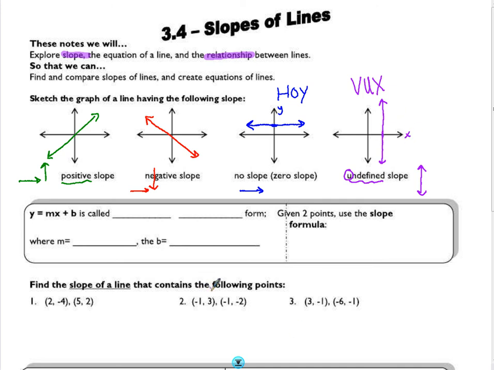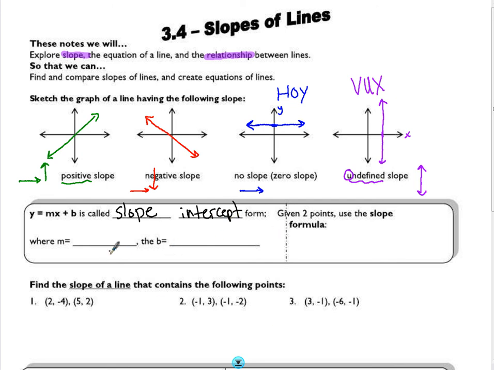Alright, with that in mind, we're also going to look at the type of equation of a line that we use in geometry, called slope-intercept form. This is one of the forms you learned back in Algebra 1, and this lesson is a lot of repeating of what you learned back in Algebra 1, with a few twists, especially when we talk about parallel and perpendicular lines.